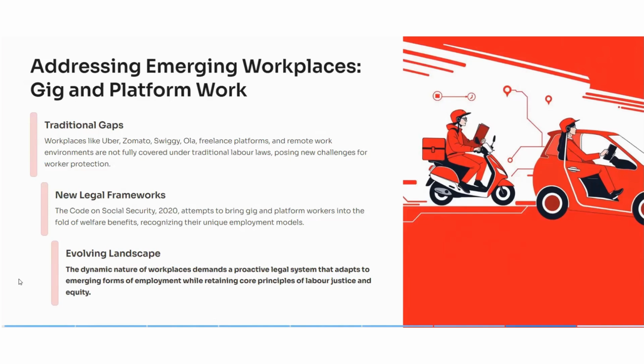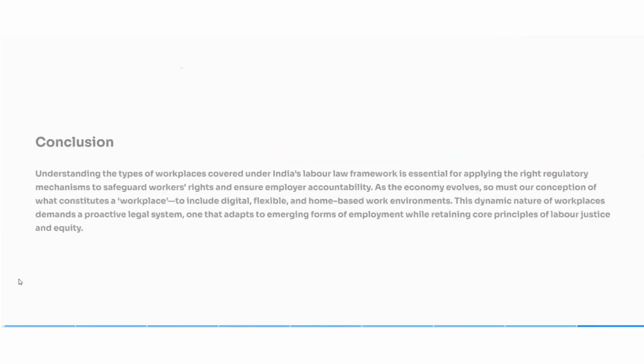New legal frameworks: Code on Social Security 2020 attempts to bring gig and platform workers into the fold of welfare benefits, recognizing their unique employment models. Evolving landscape: the dynamic nature of workplaces demands a proactive legal system that adapts to emerging forms of employment while retaining core principles of labor justice and equity.